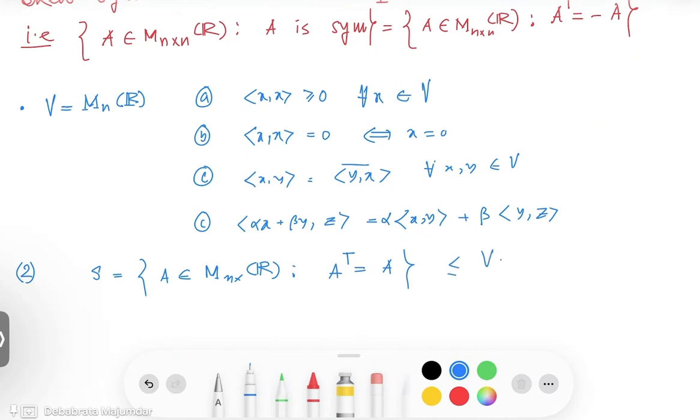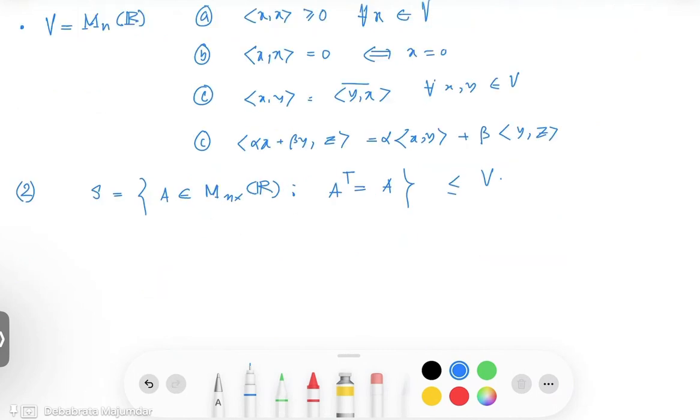Okay. So does there exist some theorem like this? Is it equal to this? If S is a vector space, tell me.